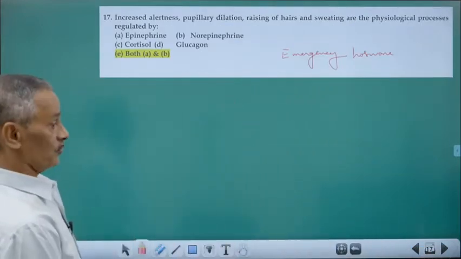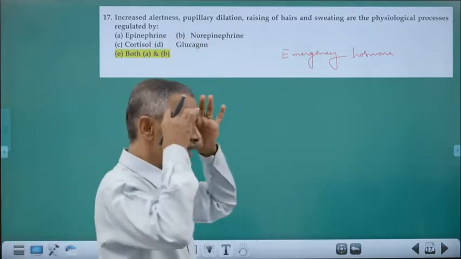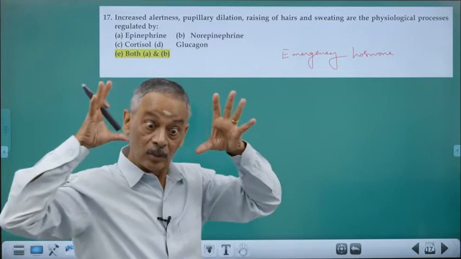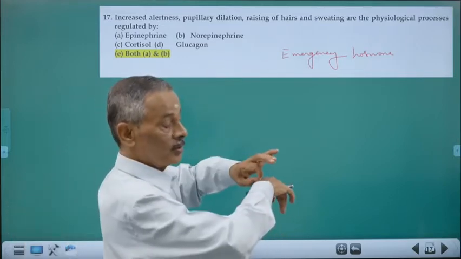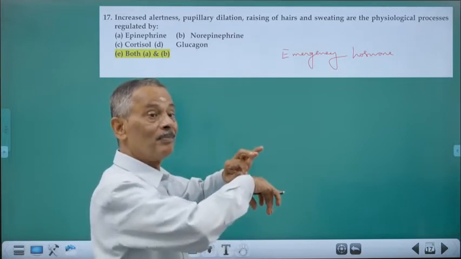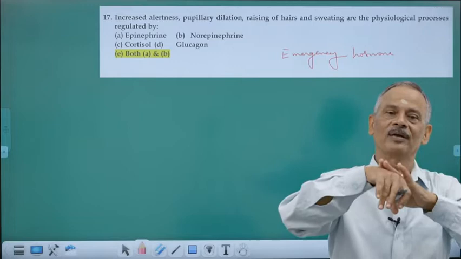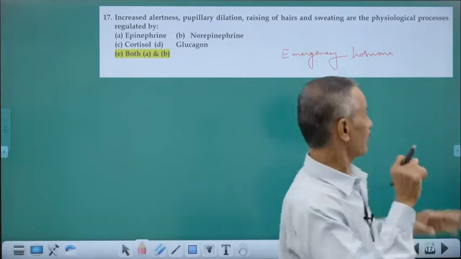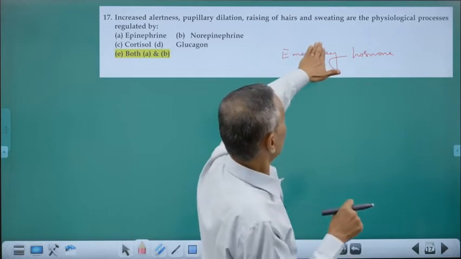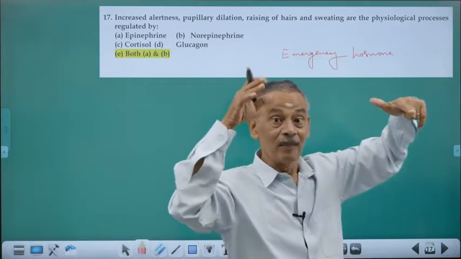Increased alertness, you become very much increased in alertness. Pupillary dilation, the eye pupil dilates. So it is an indication, okay. Raising of hairs, erector pili, the muscles attached with every hair become contracted, so the hair stands, sweating. These are all the physiological processes where you are in maximum alertness.